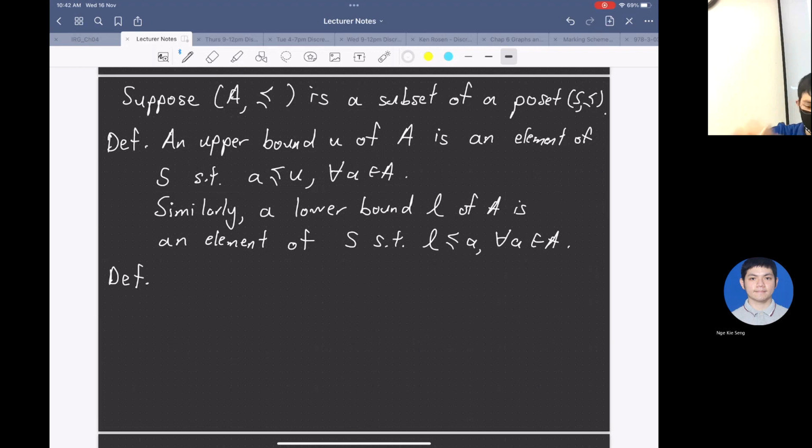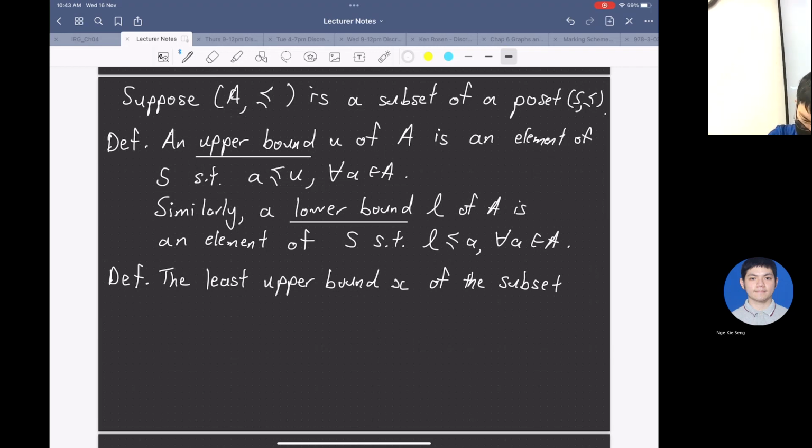Among all the upper bounds, you can keep imagining going up, keep going up. Then you come down and find the smallest one, the least upper bound, the smallest among all the upper bounds. So what's the least upper bound?